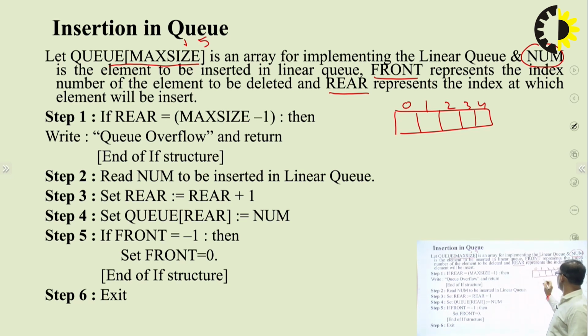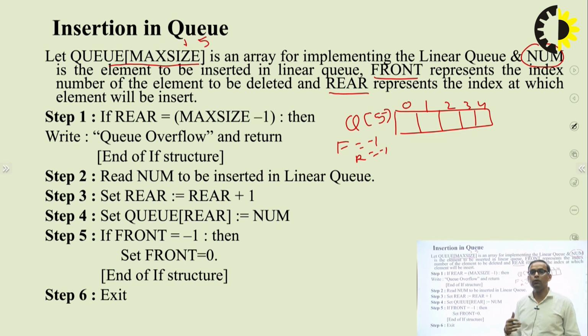Initially when the queue is empty, this is a queue that can contain a maximum of 5 elements, then front is equal to -1 and rear is equal to -1. This is the condition for the empty queue. So initially whenever we are going to create a queue, the front and rear will be initialized with -1.